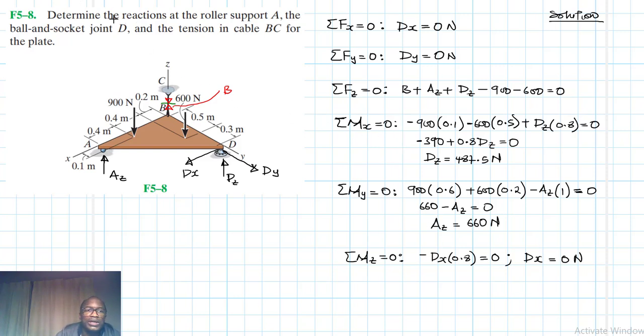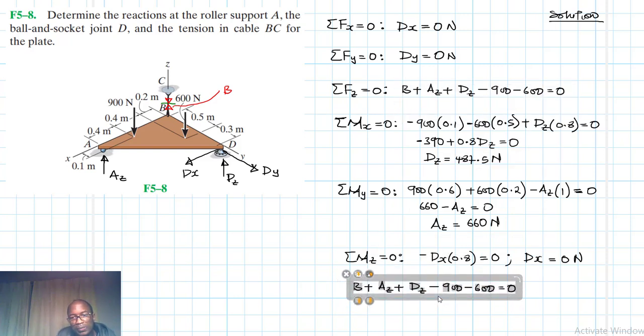Okay. So now let's go to this equation. I'll write it down here. Let me just copy it and bring it down here so that we solve it. Okay. There we go. So we already know what AZ is.